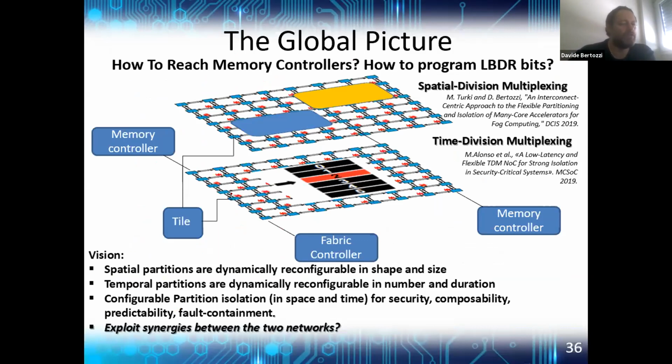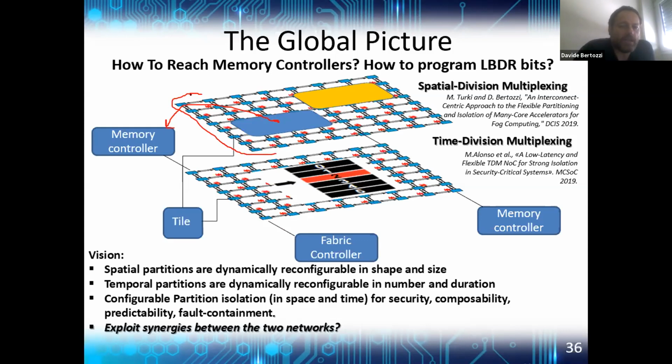Another problem that we have to solve. Okay, now we are dealing with this network where I am implementing spatial division multiplexing, but if I have this partition here that wants to reach this memory controller, how can this happen? Because I will need to invade other partitions. It seems that an effective solution following the iMesh approach of the Tilera type processor is to instantiate multiple networks on chip, and possibly lightweight ones.